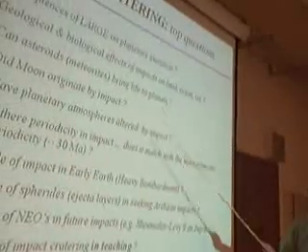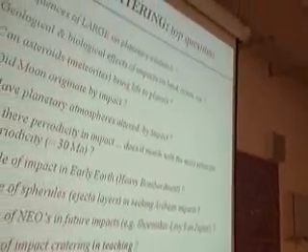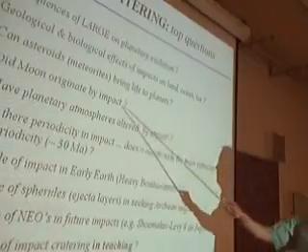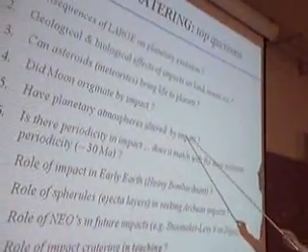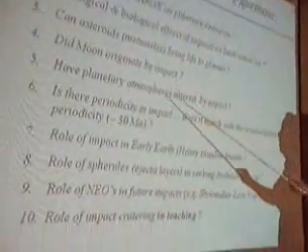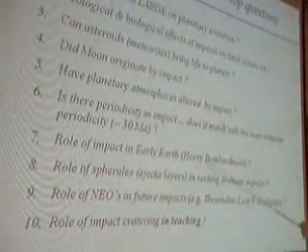Can asteroids or meteorites bring life to planets? I'm looking particularly at the carbonaceous meteorites here. Did the Moon originate by impact? Most likely, but there is a lot of discussion here. And important for evolution is also whether the planetary atmosphere was altered by impact.